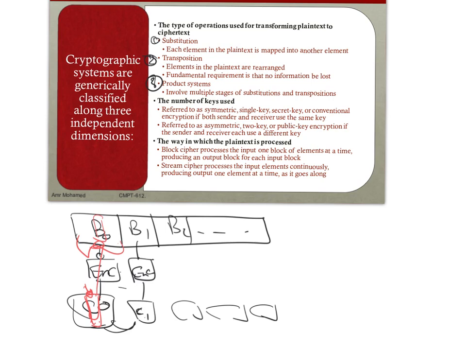Okay. Is there another alternative which can make this encryption tolerable to errors? Yes. This is what we refer to as stream ciphers.